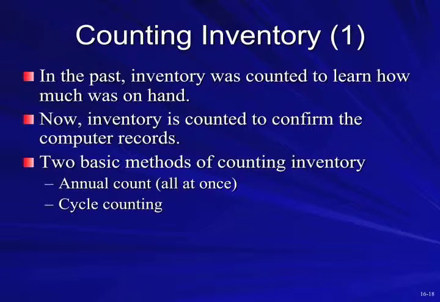But more often when you go to once a month, you're going more to a cycle count, where you don't count all the inventory at one time, but you break it up and say, well, in January I'll count raw material, in February I'll count work in process, in March I'll count finished goods, and then I'll repeat that cycle for every quarter like that. That's more of a cycle counting type of approach.